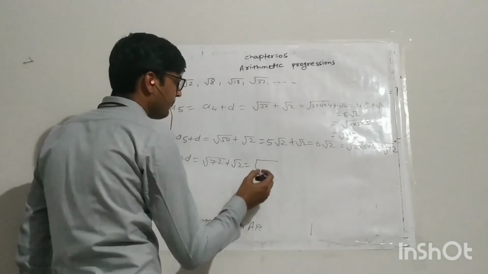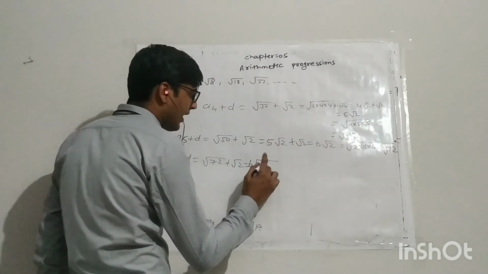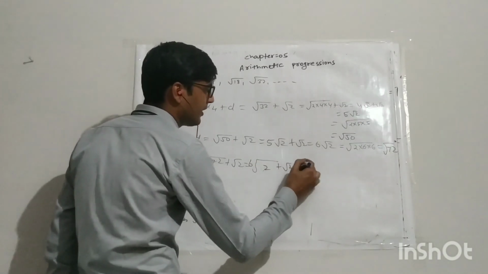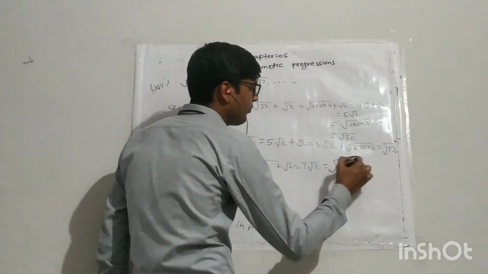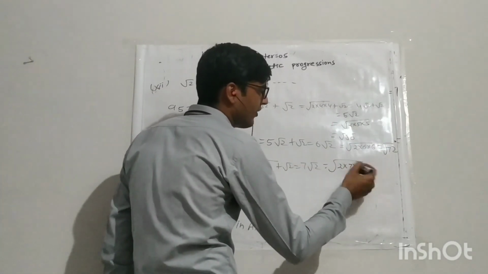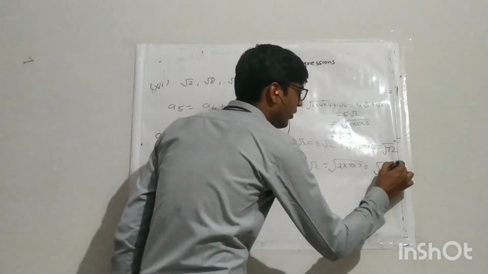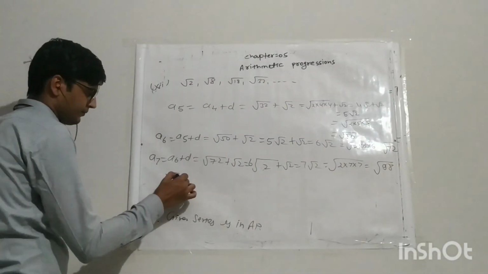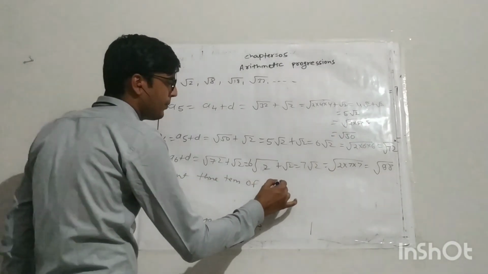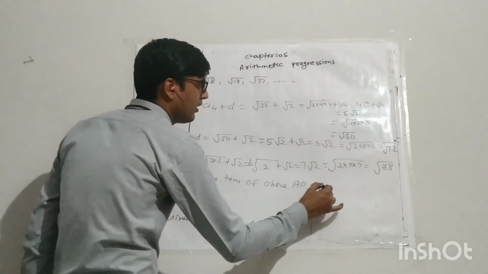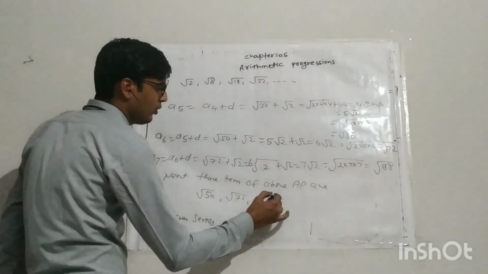So we write 6 root 2 plus root 2, it becomes 7 root 2. Again we shift 7 into the root, it becomes 2 into 7 into 7. 7 7s are 49, 2 49s are 98. So the next three terms of the above AP are root 50, root 72 and root 98.